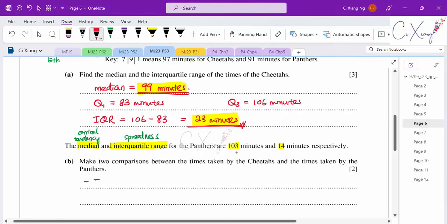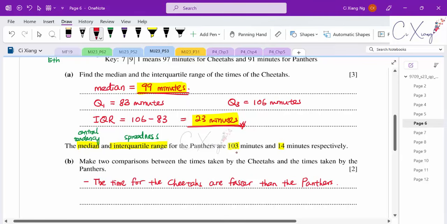So you can say like this: the time for the cheetahs is faster because the time taken is shorter, so faster than the Panthers. This first sentence is talking about the median, which is a central tendency.